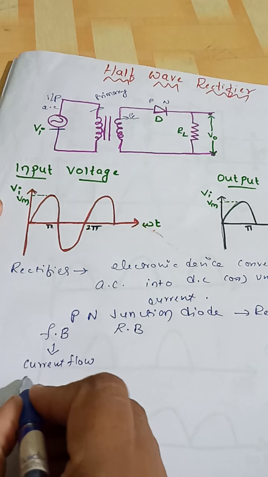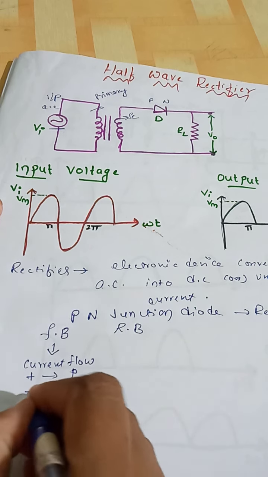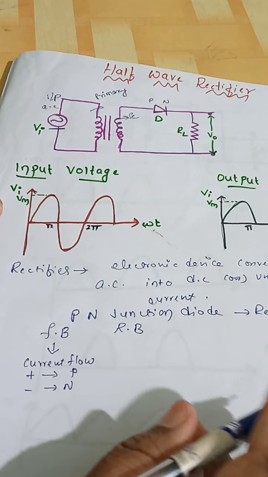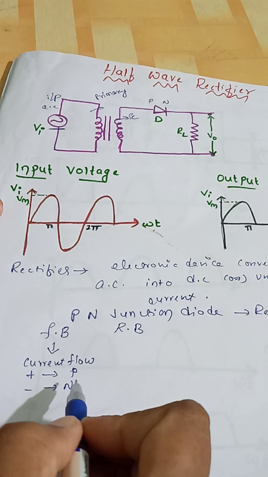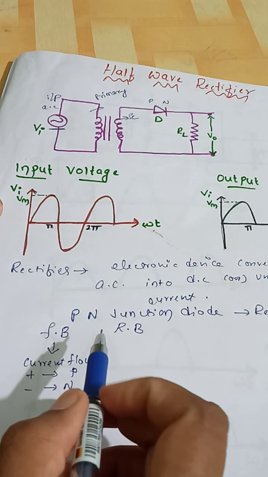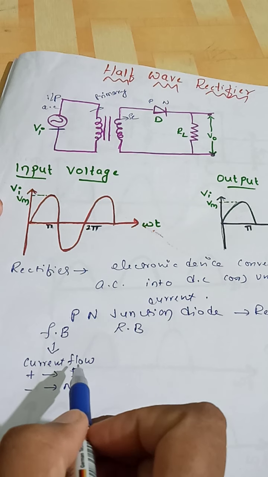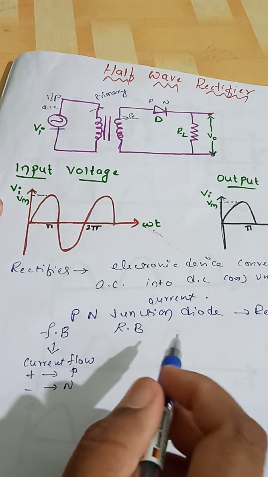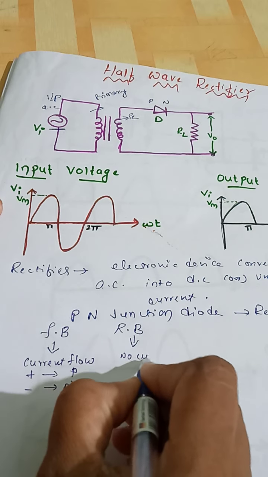Forward bias means here there will be current flow. Here the positive terminal of the battery is connected to the P type and negative terminal of the battery is connected to the N type. Due to such forward biasing, potential barrier in the PN junction diode reduces and high forward current flows in the diode. Similarly, in reverse bias, there will be no current flow.